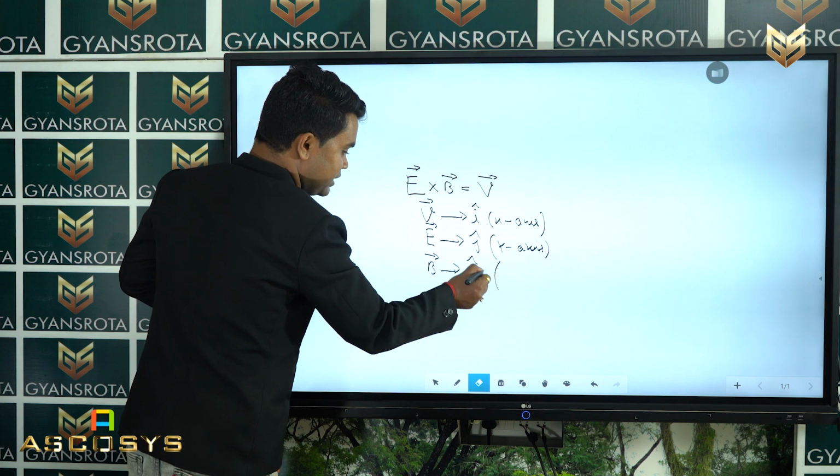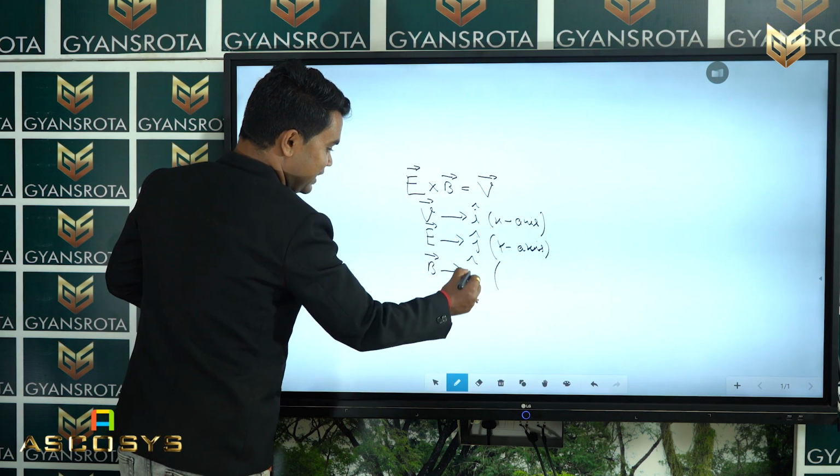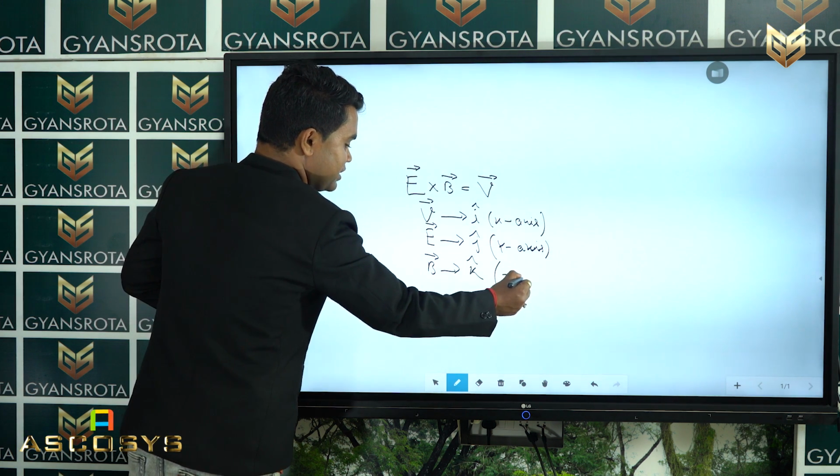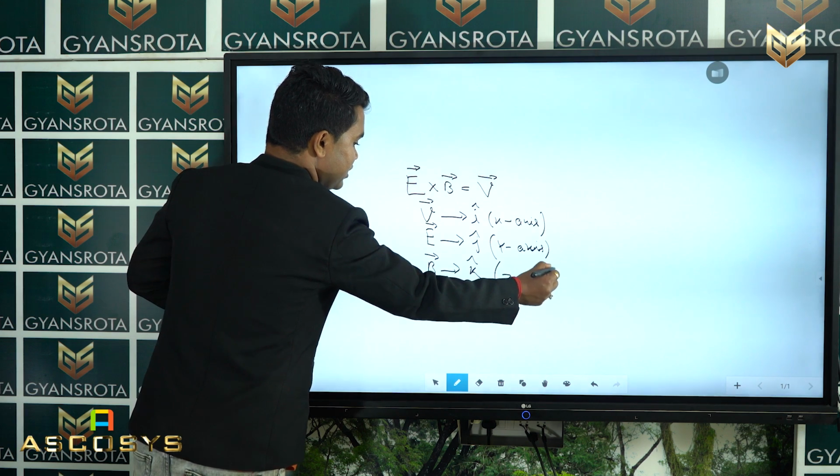If I write it down nicely, it will be k cap, so along z-axis, right?